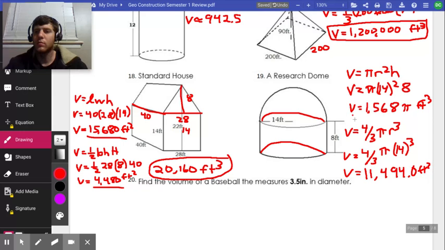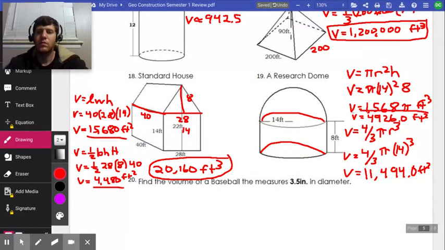Okay, if we were to multiply this one out here, we'd have 1,568 times pi. So that's 4,926.0 feet cubed.